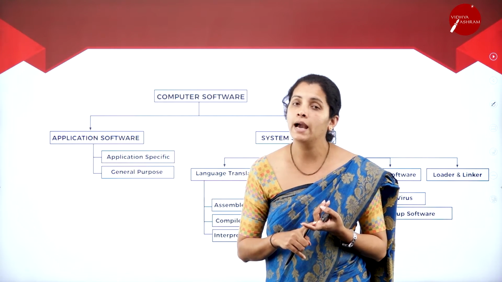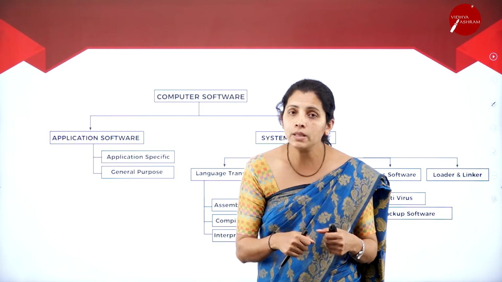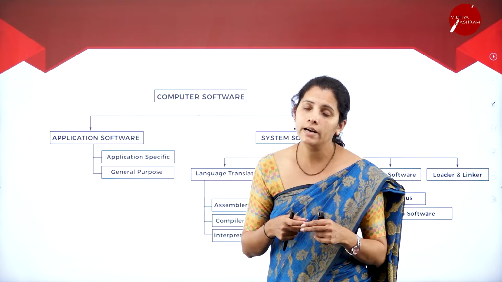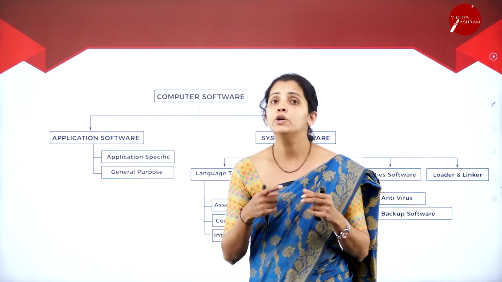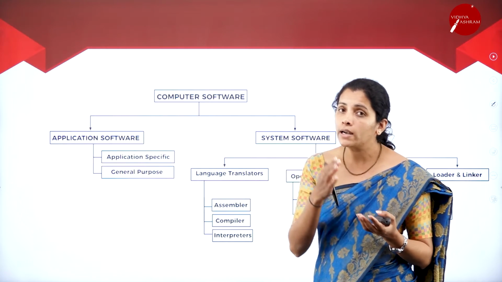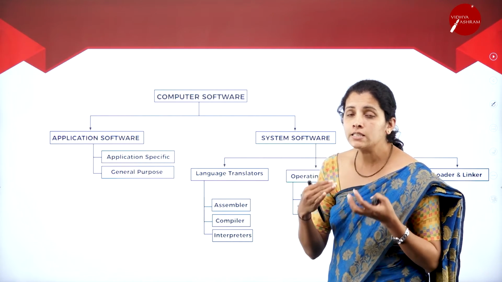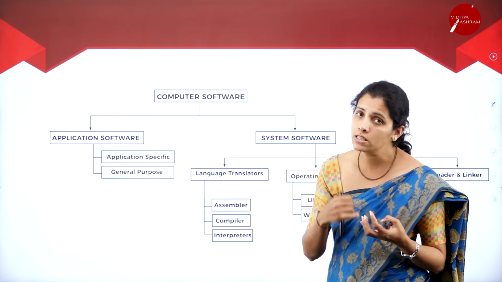Along with that, we had a discussion regarding utility software and the examples of utility software. Now I'm going to recall the topics we discussed in today's session and in my previous session.